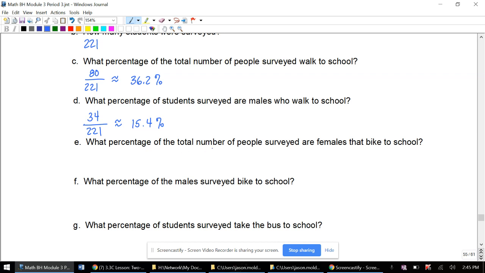What percentage of the total number of people surveyed are females that bike to school? So females that bike to school is 17. Couldn't find that. And that comes out to be about 7.7%.